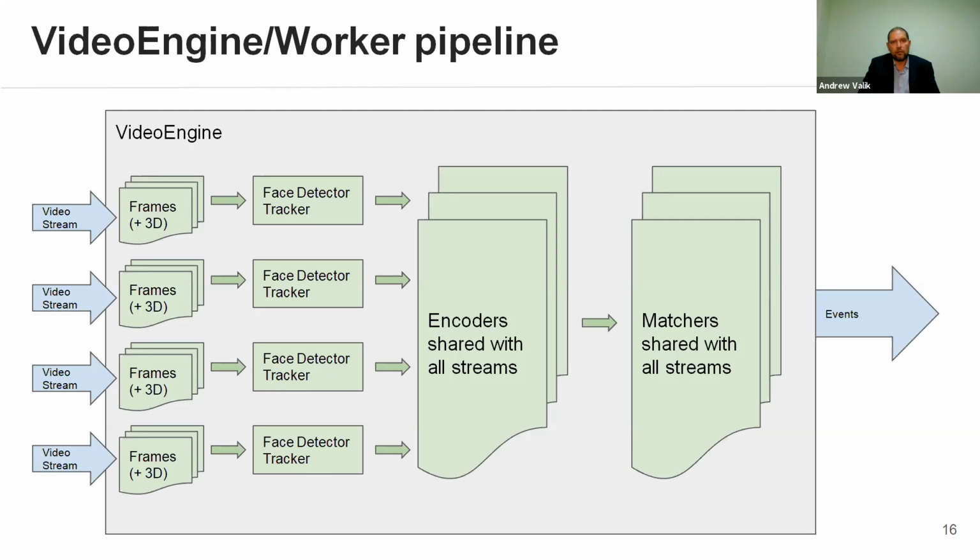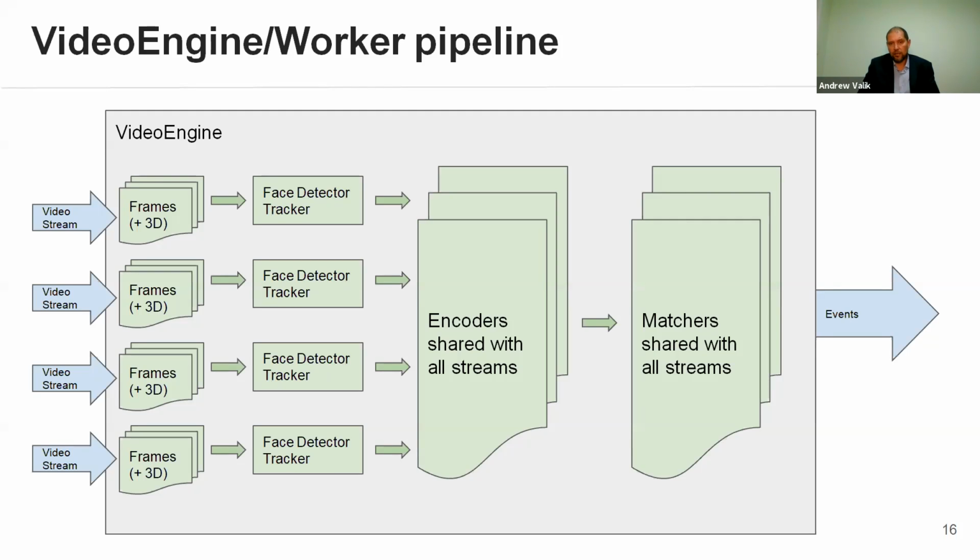it uses one face detector and tracker, and there is a set of encoders that is shared with all streams, and a set of matchers that is shared with all streams too. For example, what is the advantage of this usage? In one video stream, this time there could be, for example, 10 faces, and in another video stream, no faces.